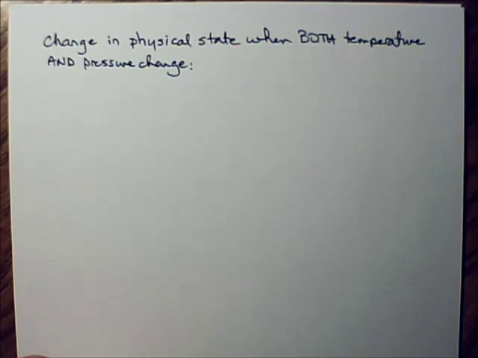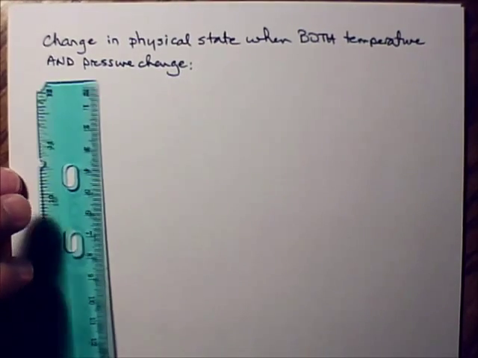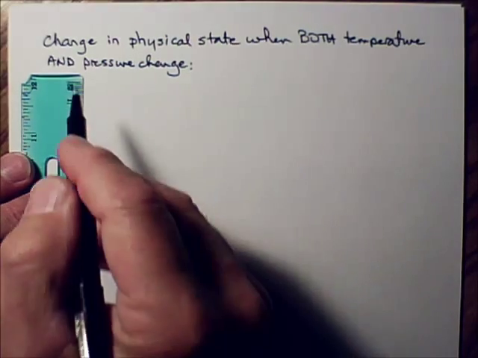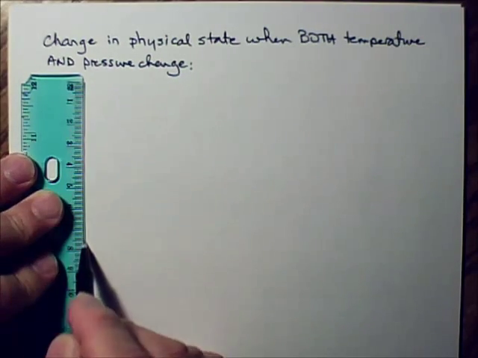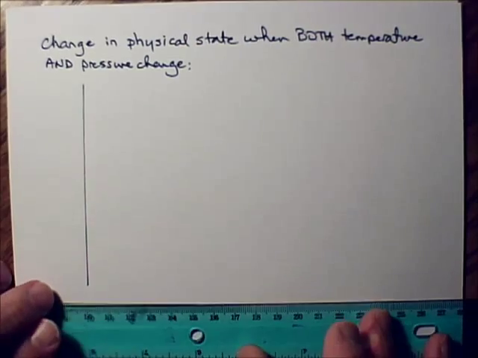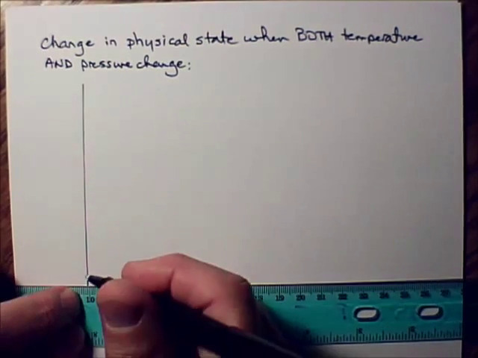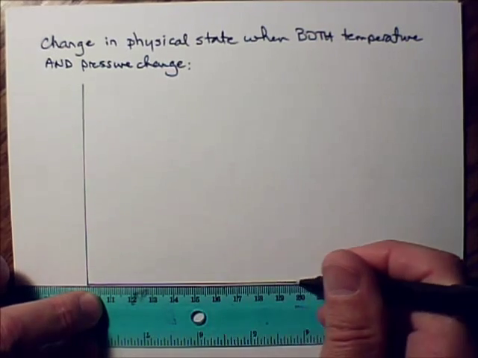All right. What I want to do now is look at how physical state changes with temperature and pressure. I want to use a graph to illustrate the behavior, and this is the first quadrant of a Cartesian plane. Almost everything we do in chemistry will be on the first quadrant of a Cartesian plane. Now this is not a formal graph.